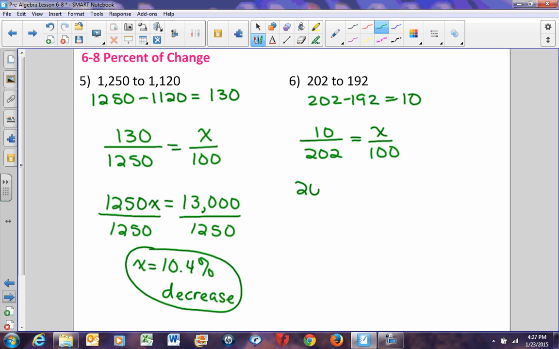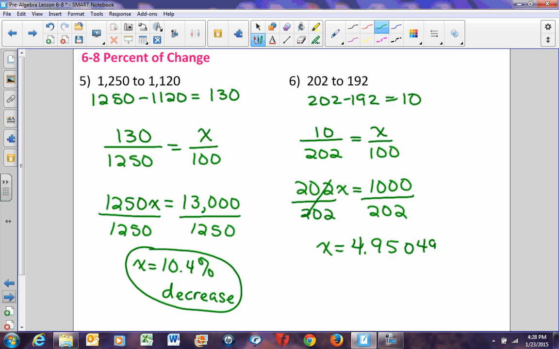So 202x equals 1,000, because 100 times 10 is 1,000. Divide by 202. X will equal 1,000 divided by 202, which in this case does not terminate. 4.9504950 keeps going.